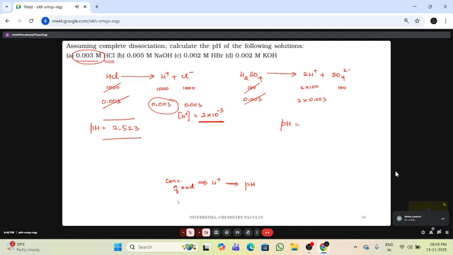Muthulakshmi's answer is 2.223. Brilliant. That's it. Any doubt?